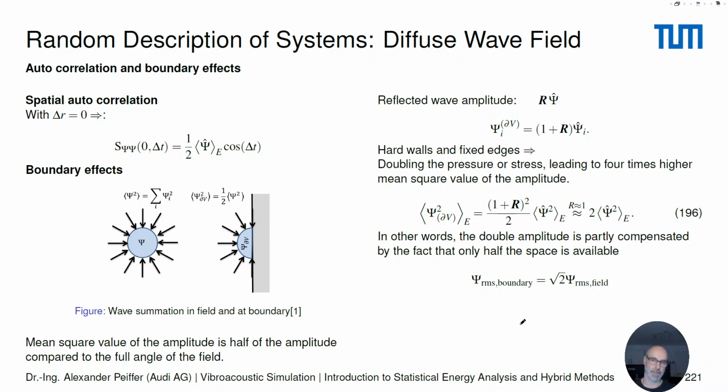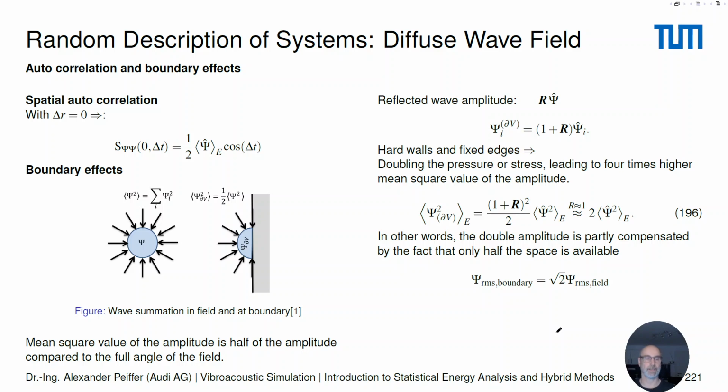Or in other words, if we have just one plane wave hitting a hard wall, it will double. But in the diffuse sound field, it's just multiplied by the square root of 2. So in a diffuse sound field, the pressure at the boundary is 3 dB higher. In a coherent wave that is reflected, the pressure at the boundary is 6 dB higher.